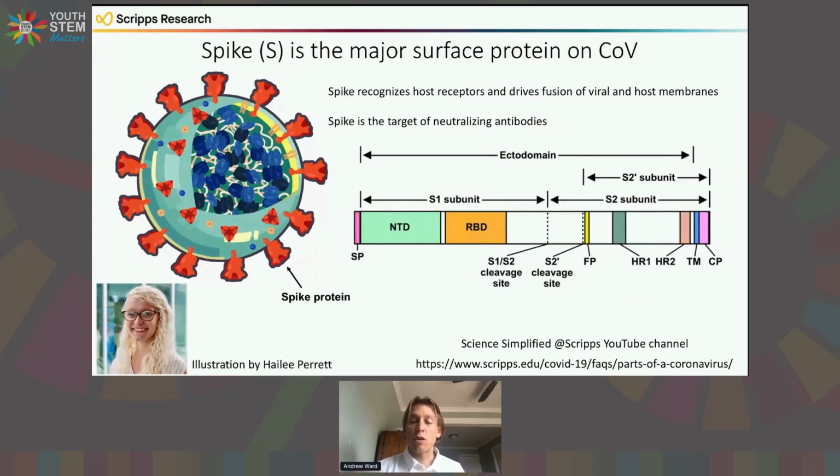For coronavirus, which is obviously the topic of the moment, the key protein is the surface spike protein, this red protein. It is responsible for recognizing host cells and then fusing into host membranes, as I'll show in a video coming up.